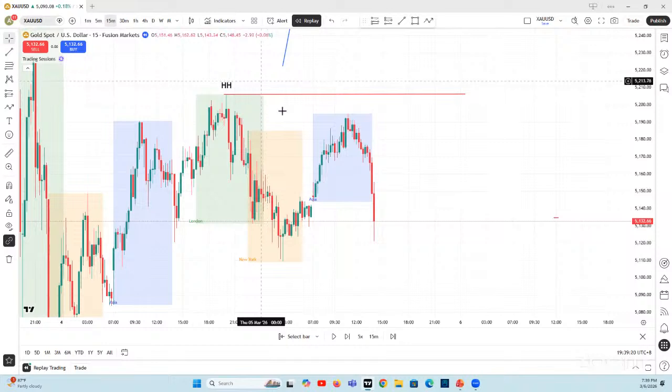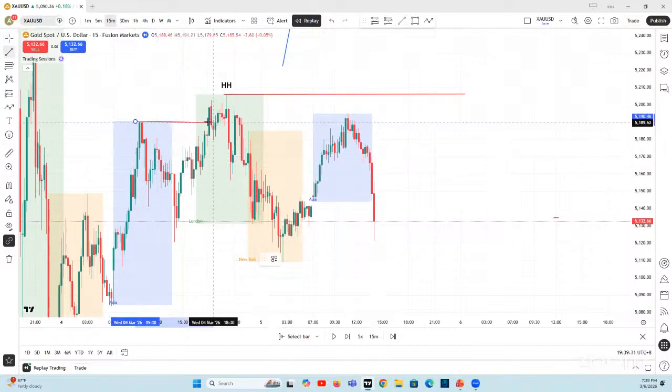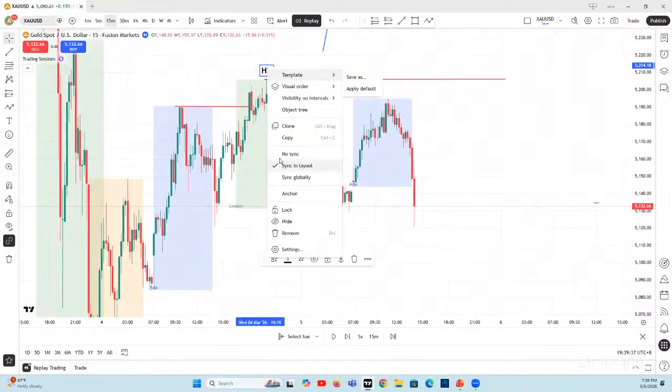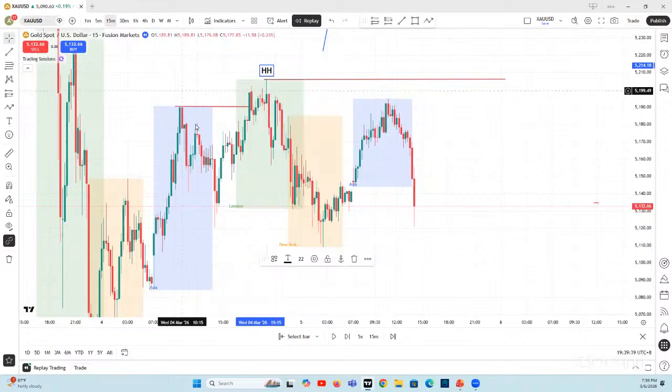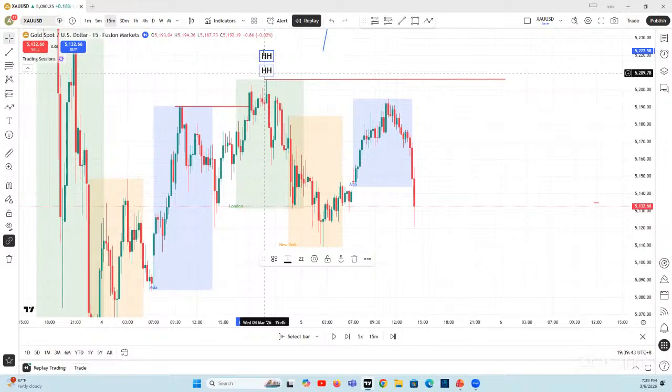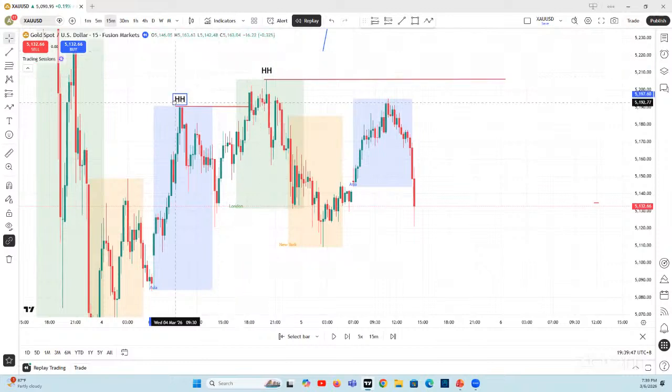Okay, now, where is the higher low? You see, there's a break of structure there. At one point in time, this was the highest. At one point in time, my friend, this was the highest also. Okay? It broke.